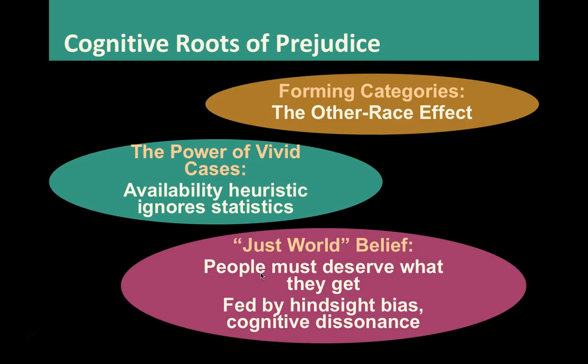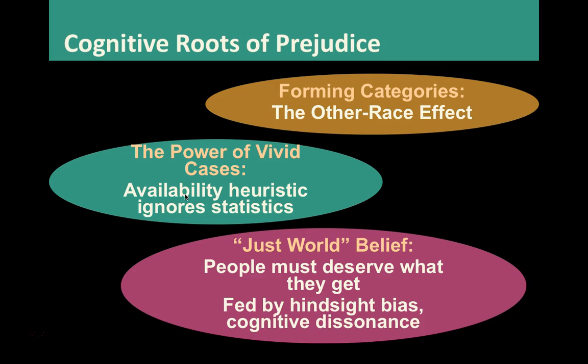Okay, so we've been talking about the cognitive roots of prejudice, stereotypes and how they form. And we also talked most recently about the so-called other race effect, the we, them, in-group, out-group thing. We also talked a little bit about the availability heuristic. We're going to get to an example of that in a second.